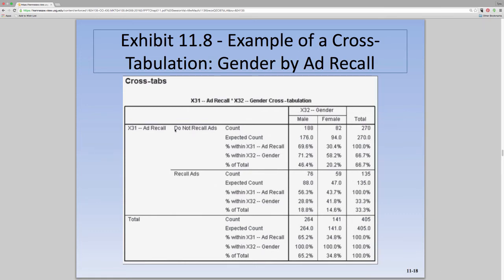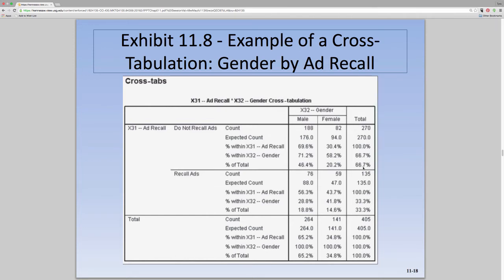Now, for those who do not recall the ad, for the whole sample, everybody who responded, 270 did not recall any ads. 135 recalled ads, for a total of 405 respondents from the entire sample. So we had 405 respondents regardless of gender. 135 remembered the ad, 270 did not.